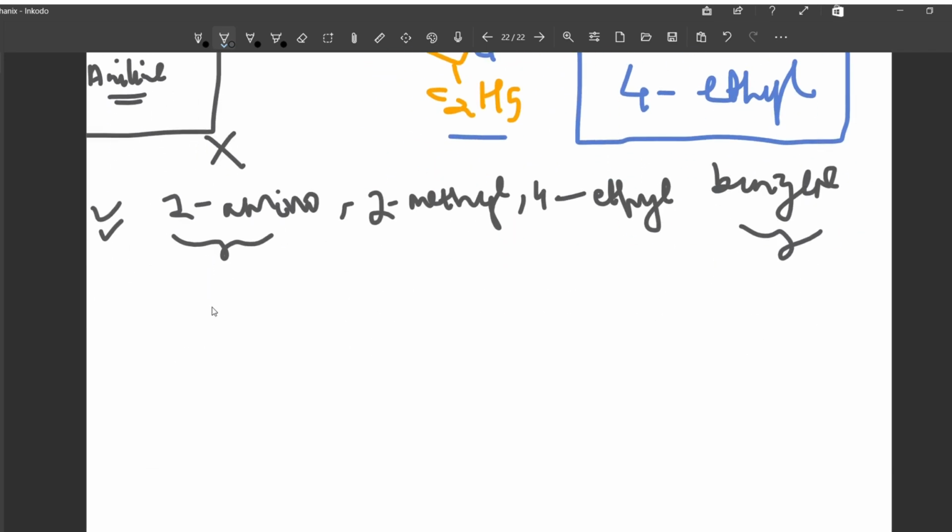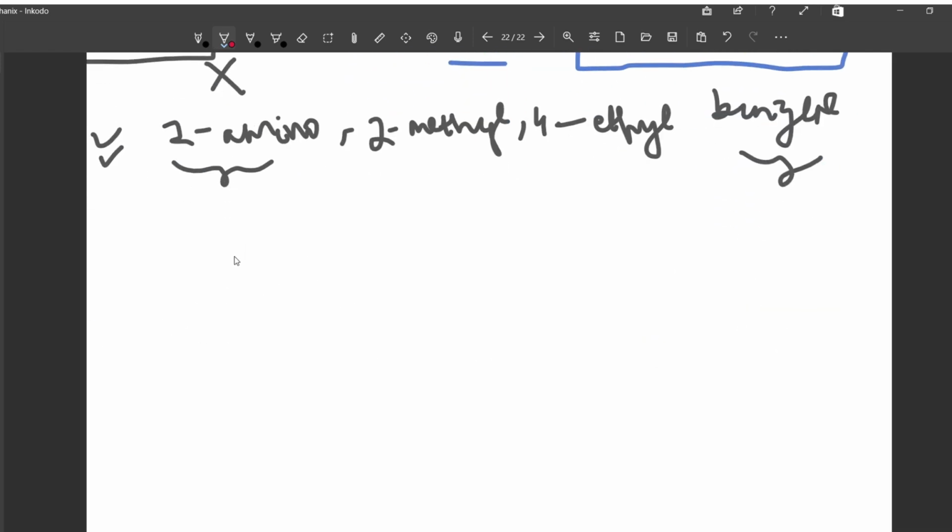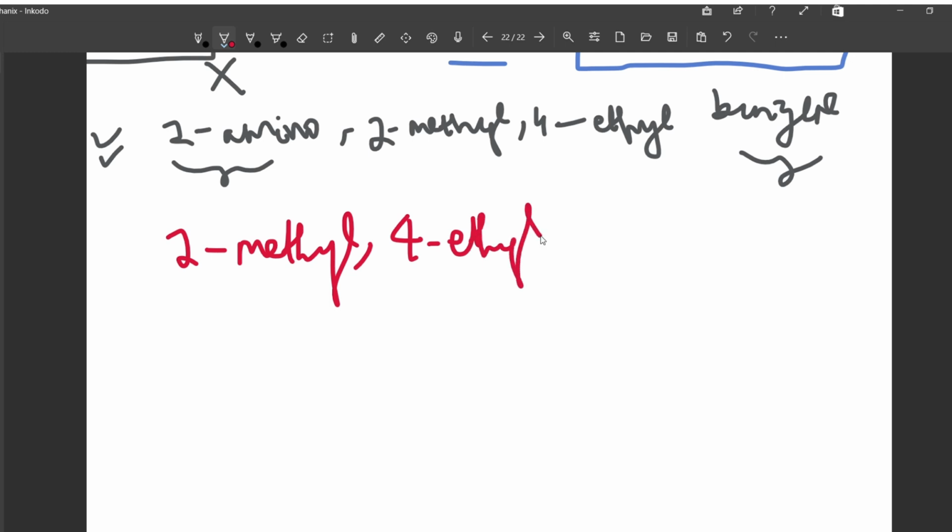So a better name would be 2-methyl-4-ethyl aniline.